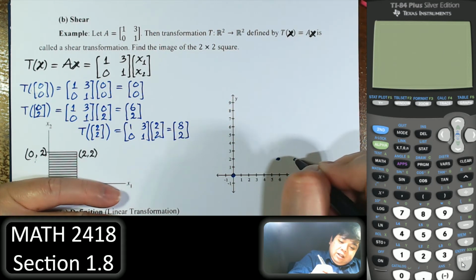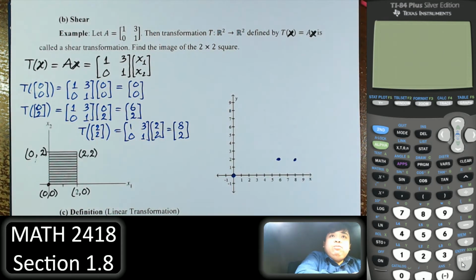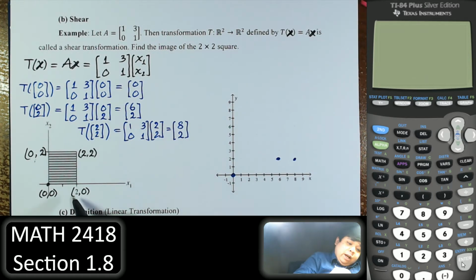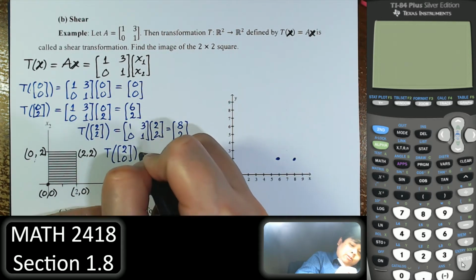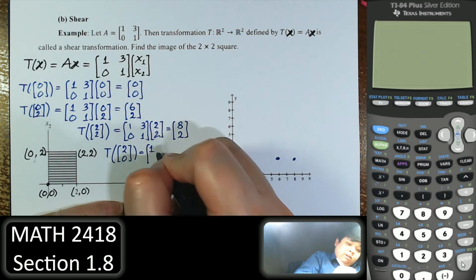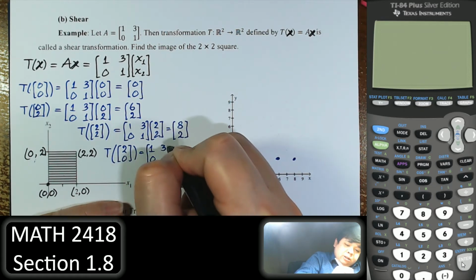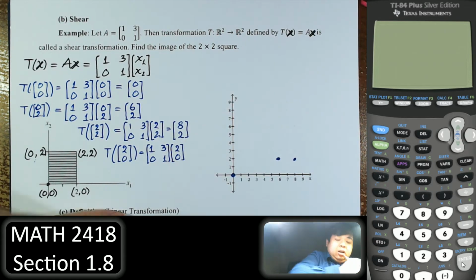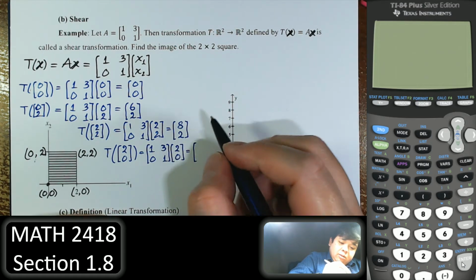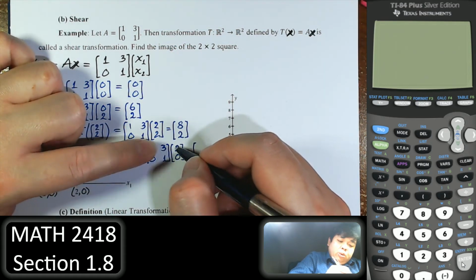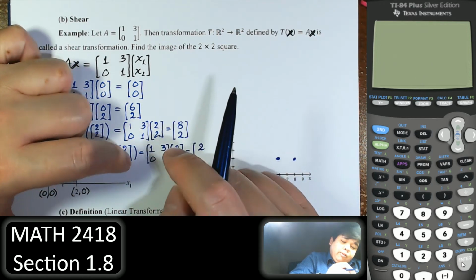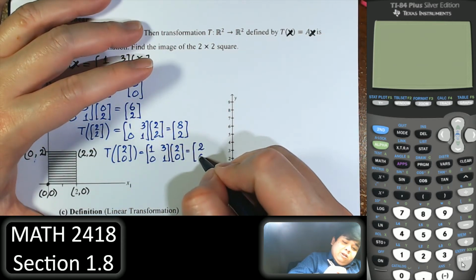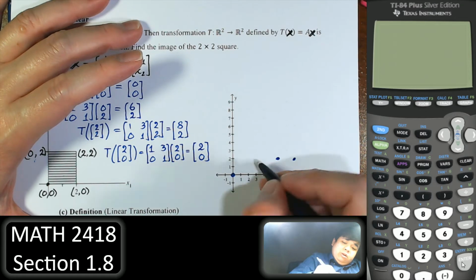Then T of 2, 0: just take the matrix times the vector, which gives 2 and 0. So it maps 2, 0 to 2, 0.